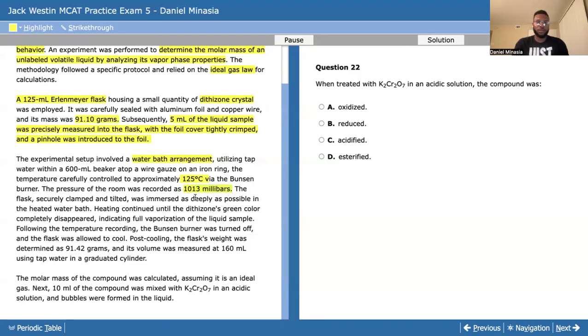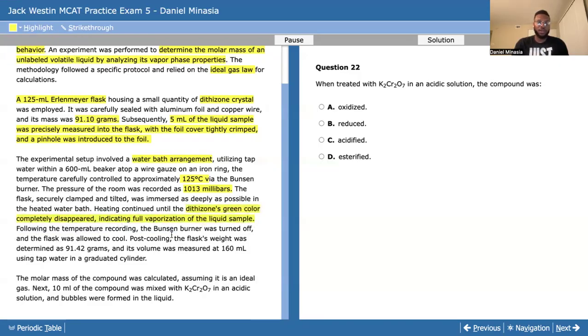The flask, securely clamped and tilted, was immersed as deeply as possible in the heated water bath. Now they're just describing their experiment to you. Heating continued until the dithiazone's green color completely disappeared, indicating full vaporization of the liquid sample. So dithiazone was an indicator.